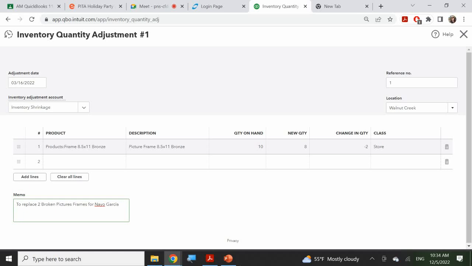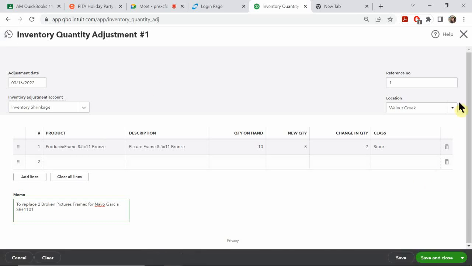So the invoice number or sales receipt number, I think it was sales receipt number 1102, I think, or 1101, I believe. Right. All right, so once that looks good, everything else, I'm going to go ahead and click Save and Close.